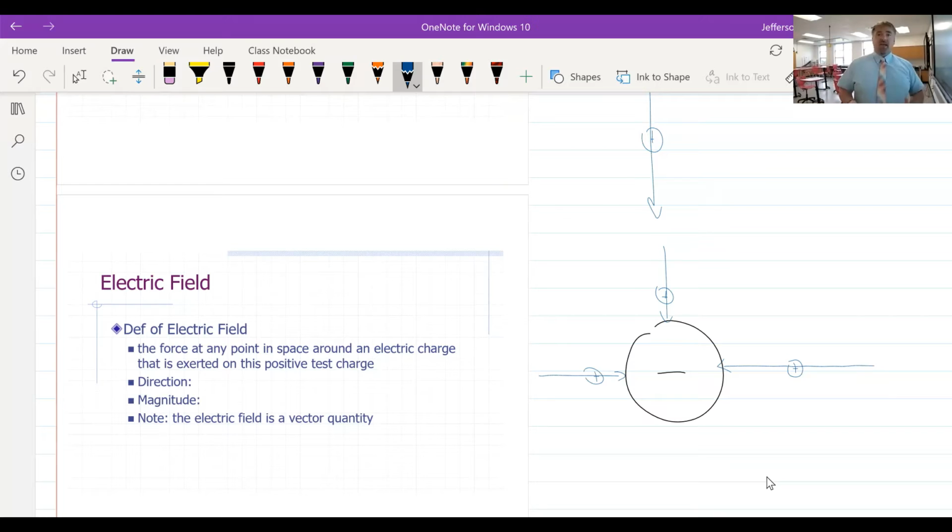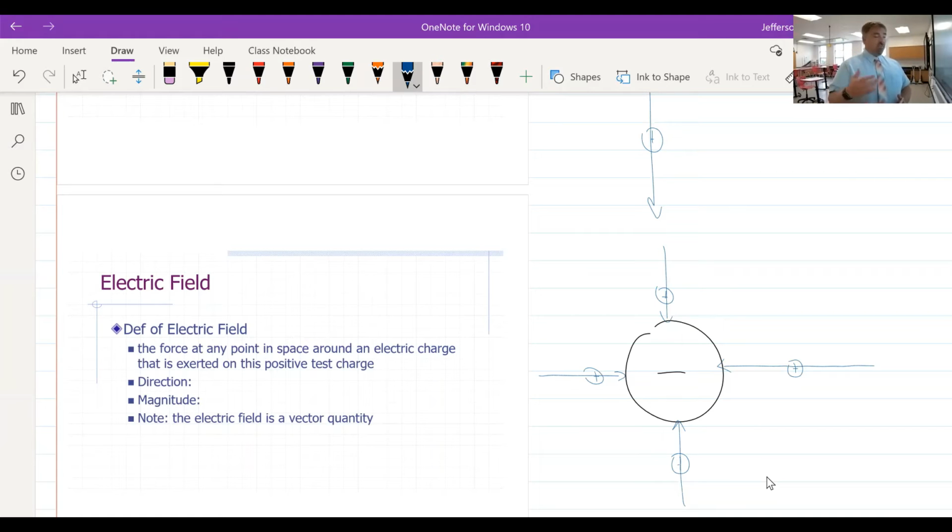And the reason he did this was in homage to Ben Franklin, because Ben said, hey, we're going to assume that it's the positives that move. And so Michael Faraday said, okay, then we're going to define all this electric field as if what would happen to a positive charge were it there. So what you need to remember is if you're looking at a positive, it's going to follow these electric field lines.